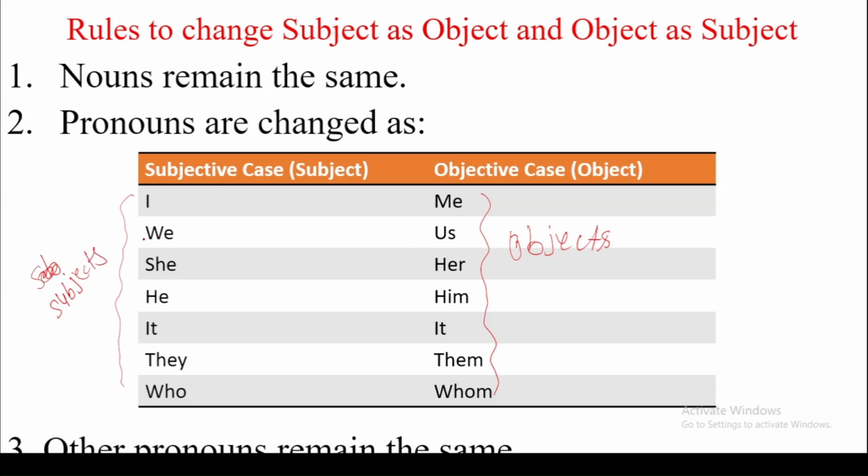Or even if we have to change this subject into object, we use this table. It means if the subject is I and we have to change it as object, we use me instead of I. If we have me as object, we write I as subject in passive.